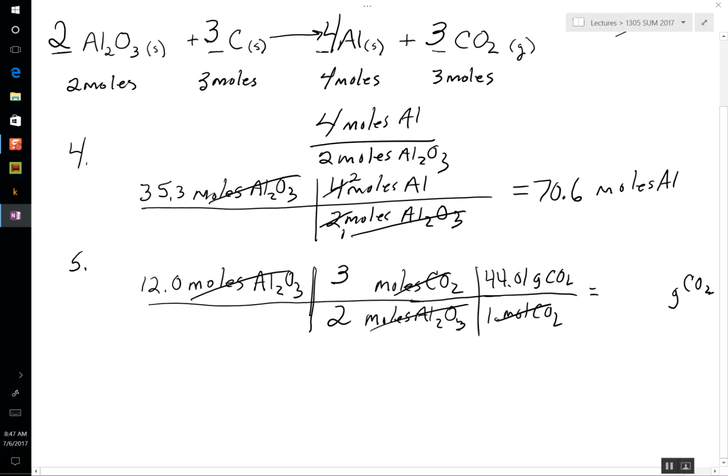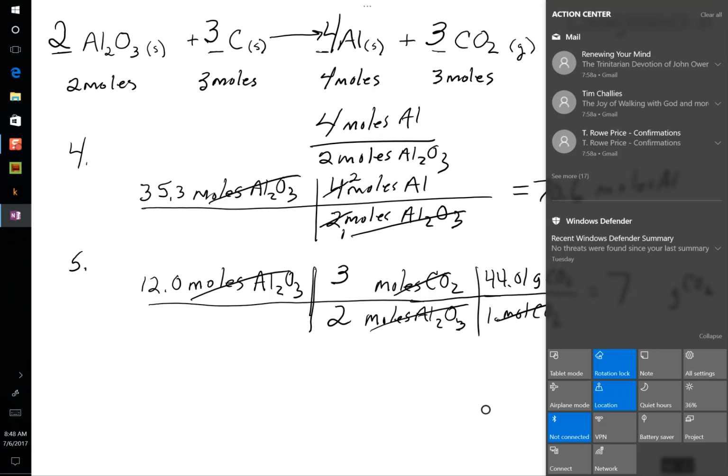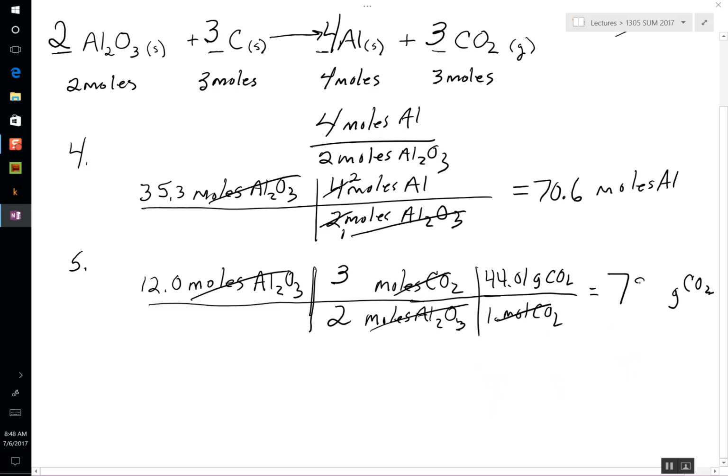You get 12 times 3 times 44.01 divided by 2. Wow. We get a lot of carbon dioxide, don't we? 792 grams, is that right?